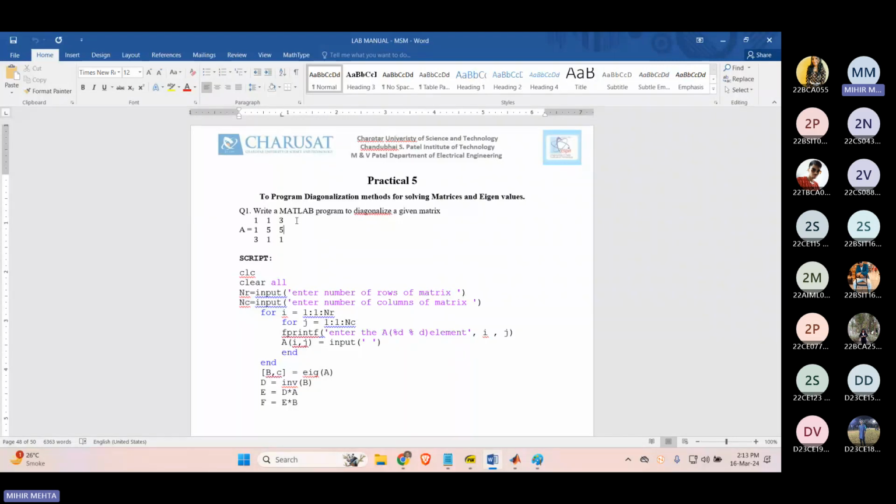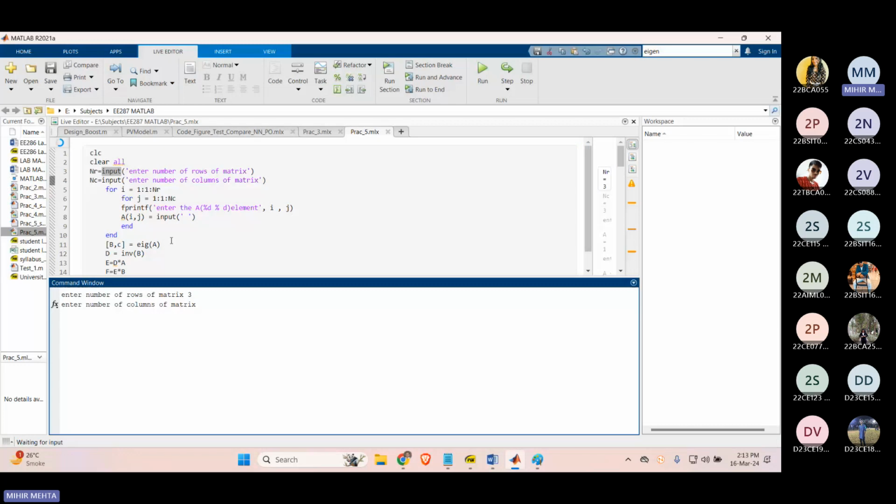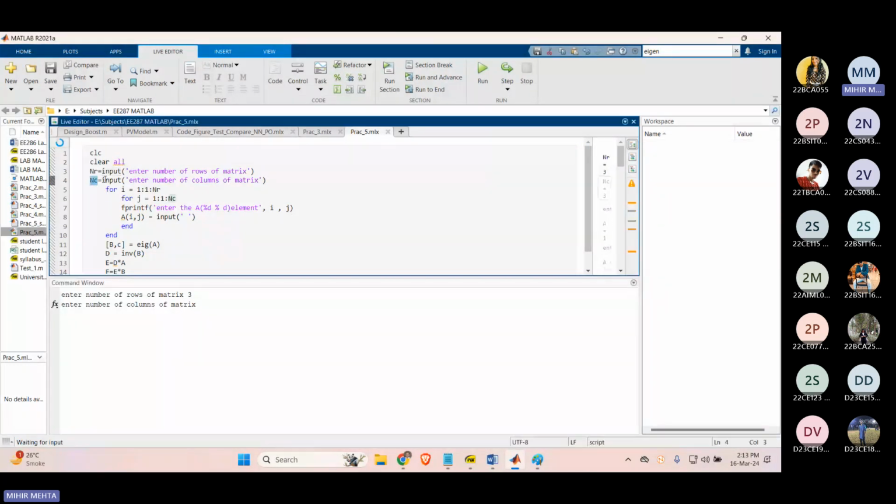So here my second variable, that is NC, is the number of columns I want my user to input. Now I can write anything here, let's say number of columns, or only columns. It will not change the output of the program.